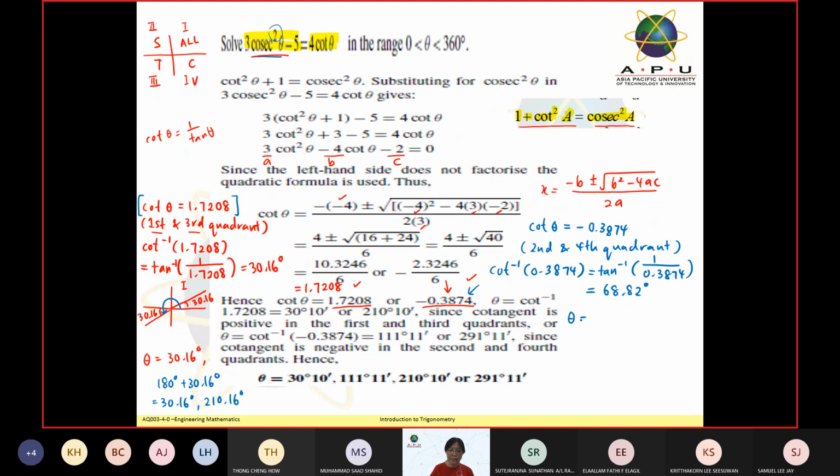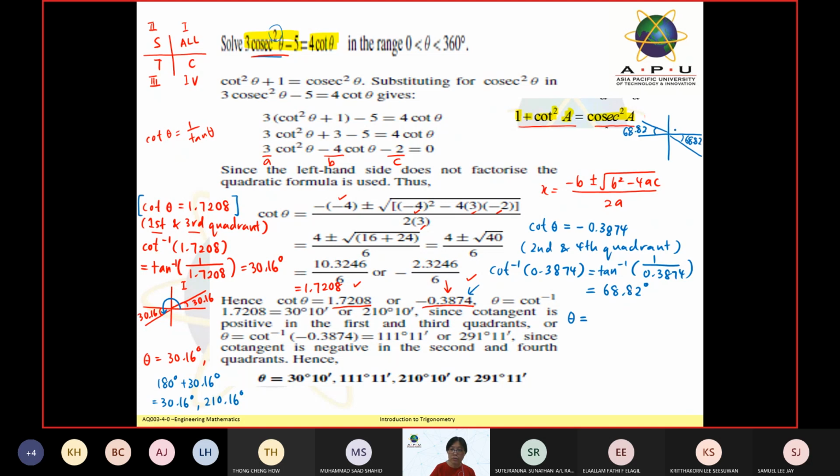Now you can start to find theta. Now, second and fourth quadrant. The second quadrant is here, this is 68.82. Then the fourth quadrant is here, 68.82.